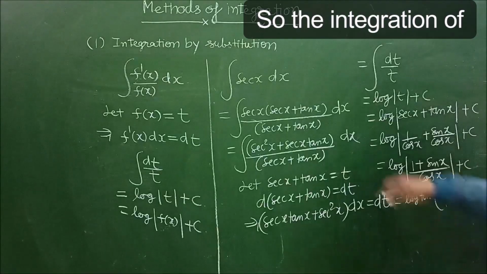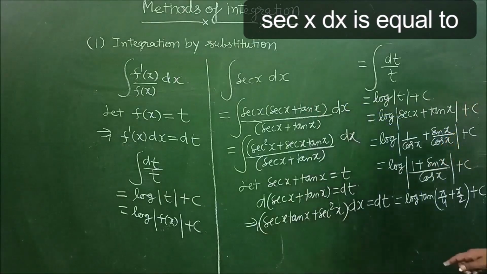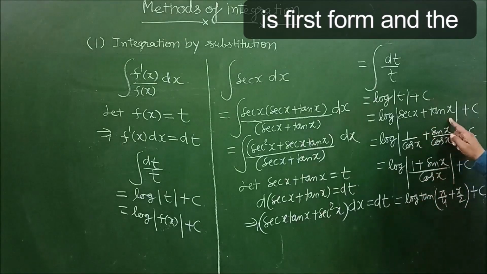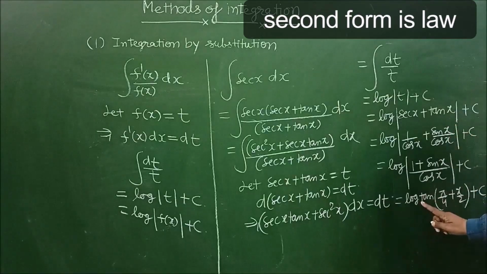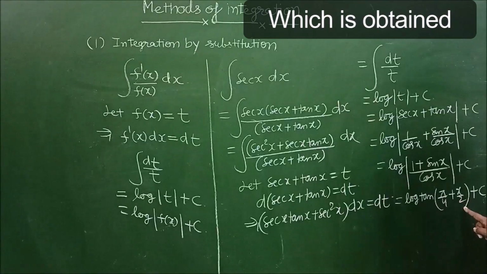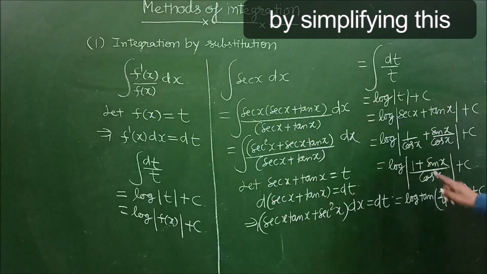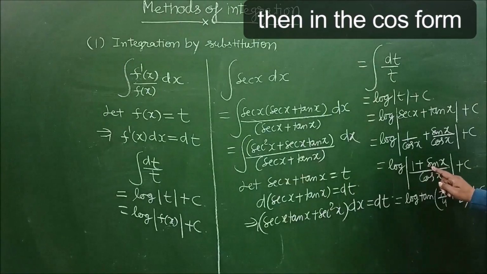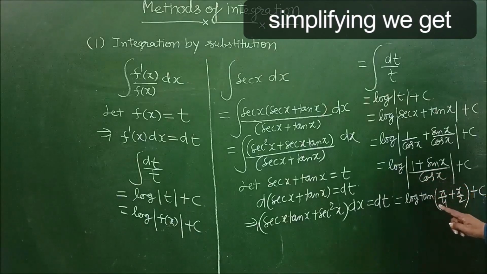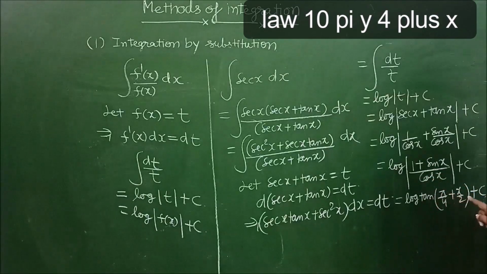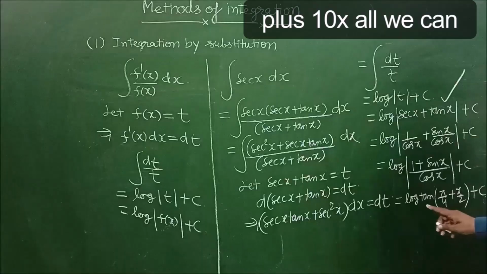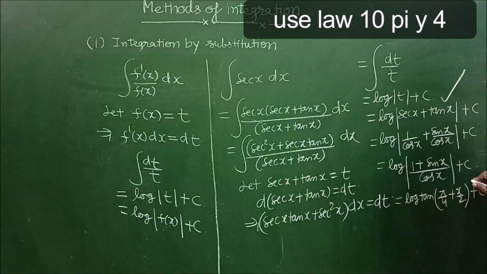So the integration of sec x dx is equal to log sec x plus tan x is the first form, and the second form is log tan pi by 4 plus x by 2, which is obtained by simplifying this, bringing it in the cos form, and then bringing the denominator in the sin form and simplifying. So either we can use this formula log sec x plus tan x, or we can use log tan pi by 4 plus x by 2.